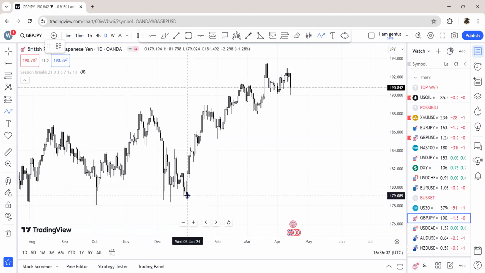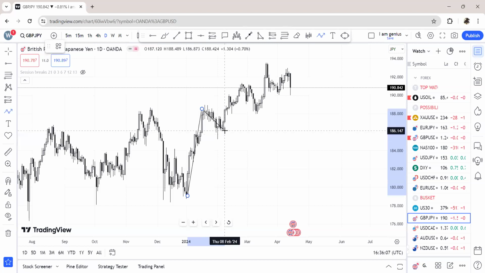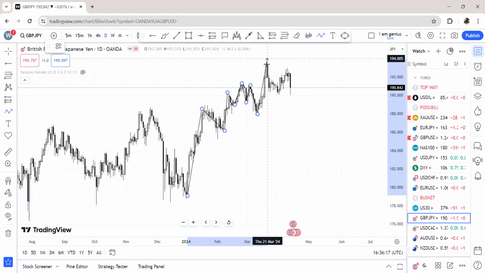So you can see that we had this strong move up, then there was this downward move, then that push up, we had this minor move, we had that push up, we had that minor move, then a strong impulsive move to the upside, then this retracement, then this, then there was that drop.